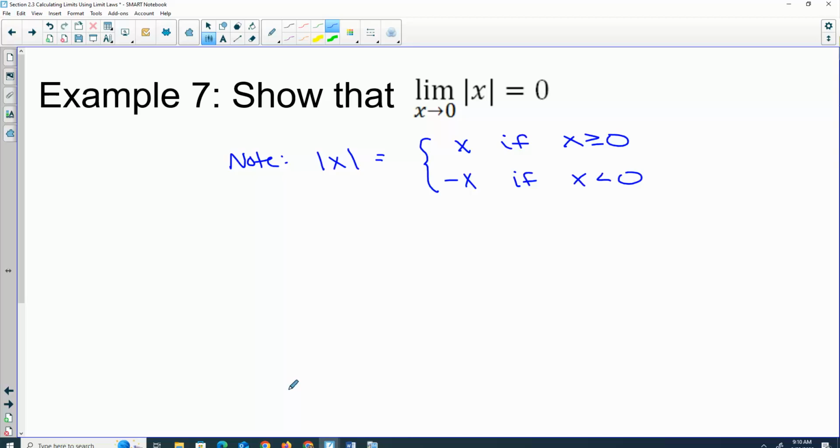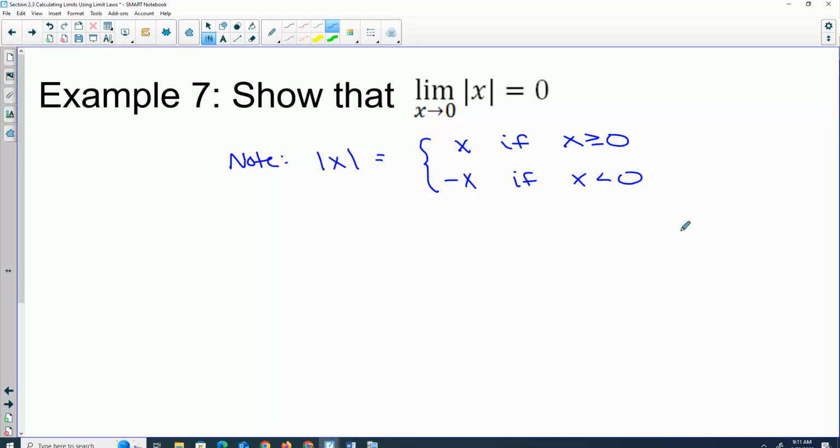Anytime I'm dealing with absolute values throughout the year, we are going to have to be able to rewrite it as a piecewise function, because we aren't going to have any calculus rules that apply specifically to absolute values. However, we can deal with the piecewise function. Notice it's not like the last one that we did where it was just equal to and not equal to.